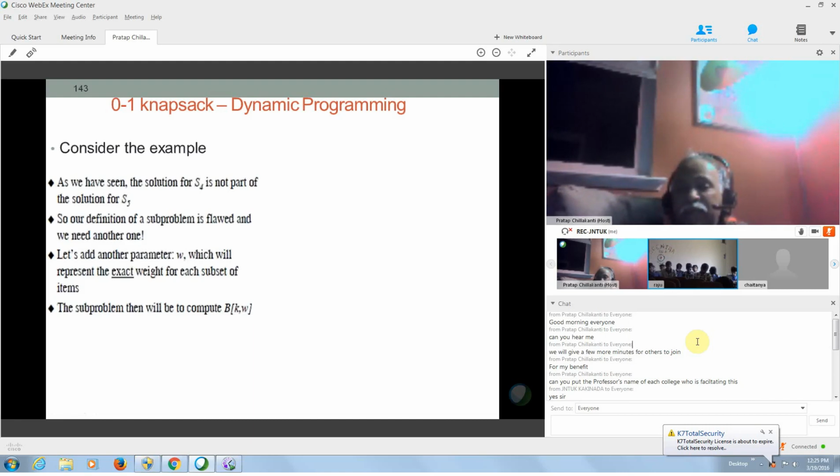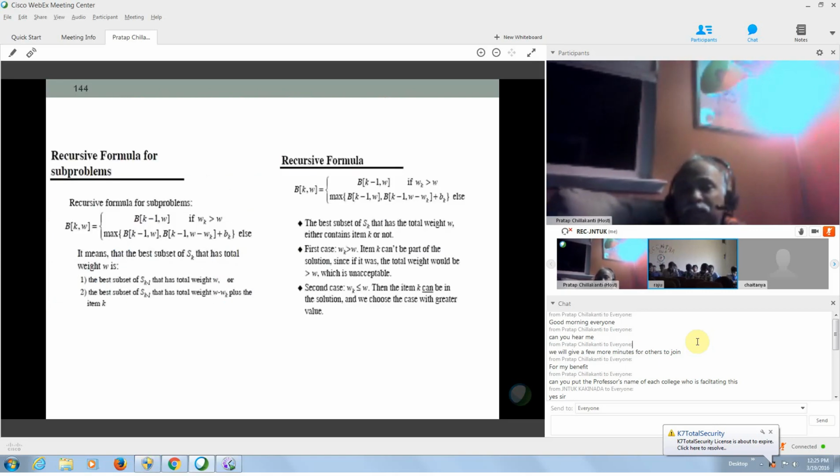So by adding that additional parameter, you now compute both P, K, W. W is the weight, K is the item. So here is a formula that has been used to arrive at the sub-problem optimization. Pretty standard algorithm there. I'm not going to go through the algorithm, but it's there for you to convince yourself.